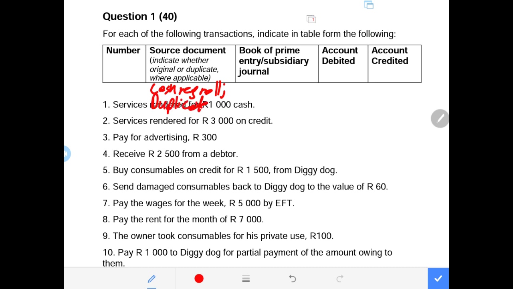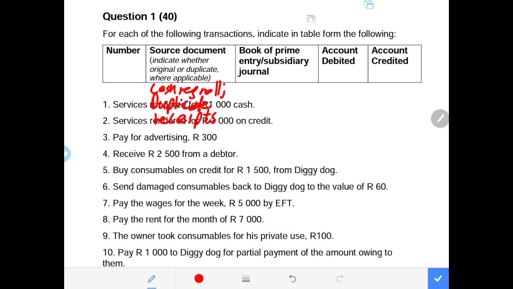If we are a company and not a customer, it becomes a duplicate. The only time it will be original is when we are a customer. The customer always takes the original document and the company always takes the duplicate.